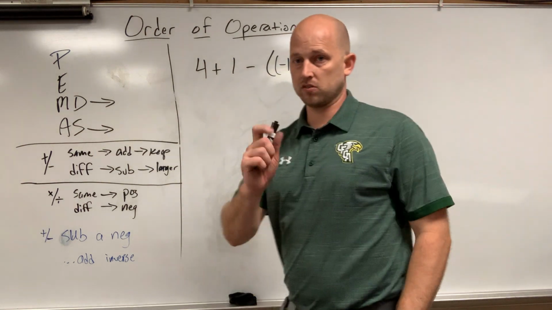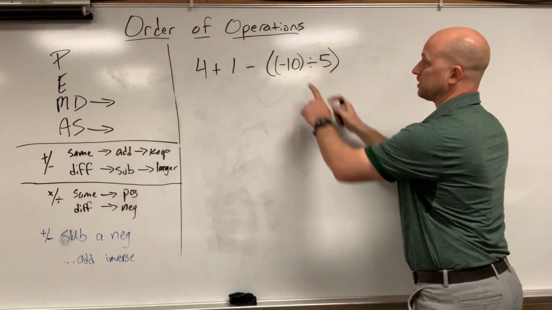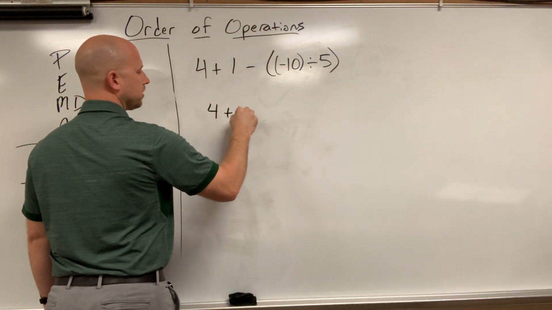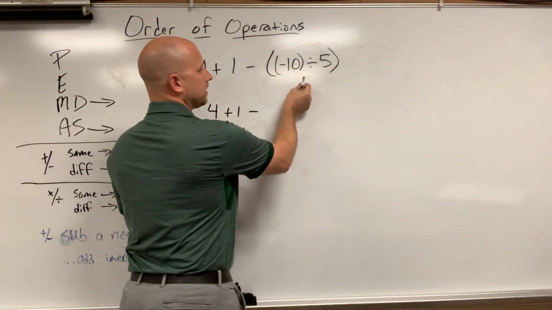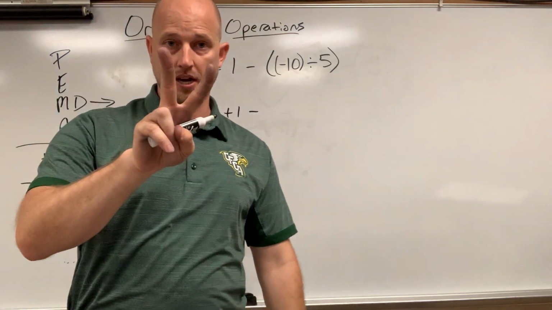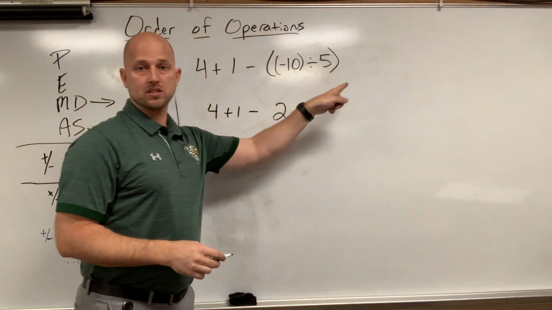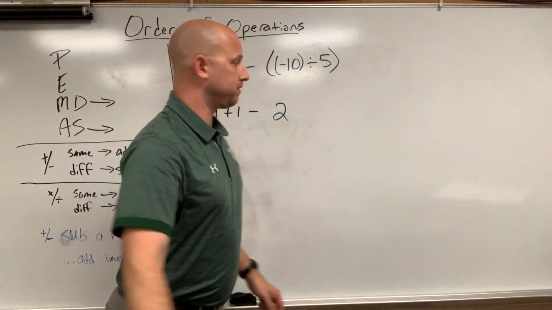Okay, so if you did this correctly, parentheses first, so you must do inside the parentheses. So we're going to take the 4 and the 1, 4 plus 1 minus, we're just going to bring those down. Now we need to work inside the parentheses. What is -10 divided by 5? Well, 5 goes into 10 2 times, so it is a 2. And a negative divided by positive, different signs, negative.